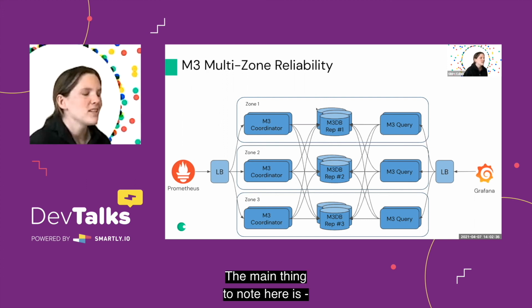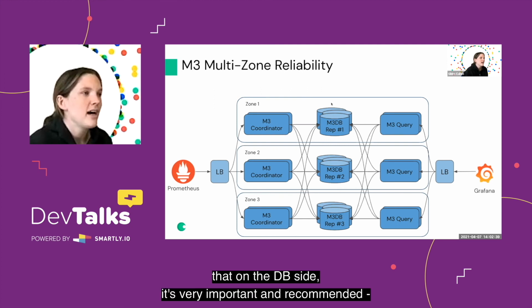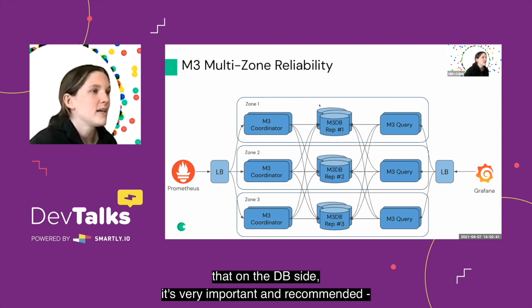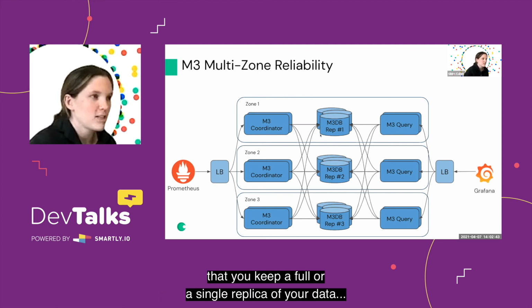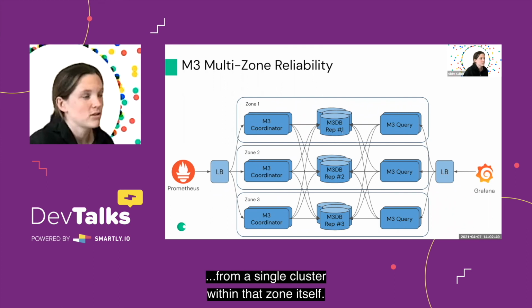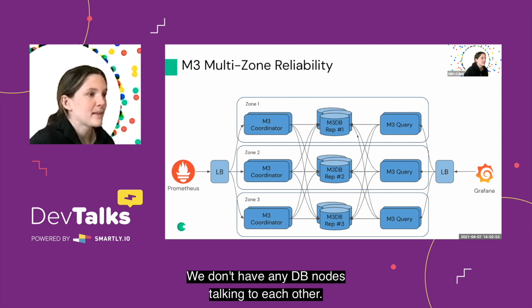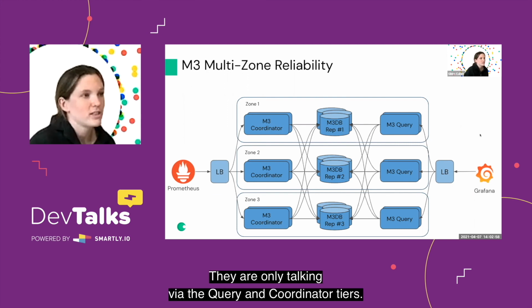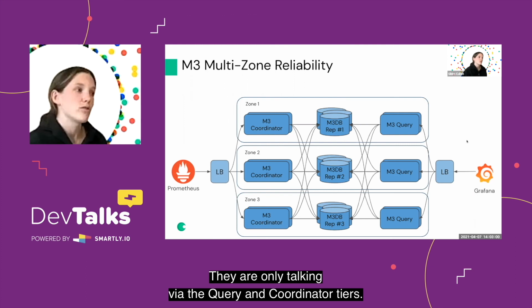The main thing to note here is that on the DB side, it's very important and recommended that you keep a full and single replica of your data from a single cluster within that zone itself. As you can see here, we don't have any of our DB nodes talking to each other. They only talk to each other via the query and coordinator tiers.